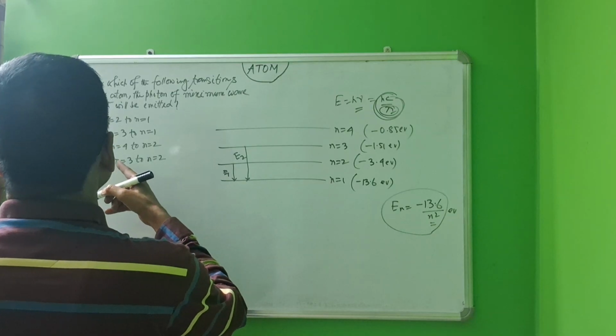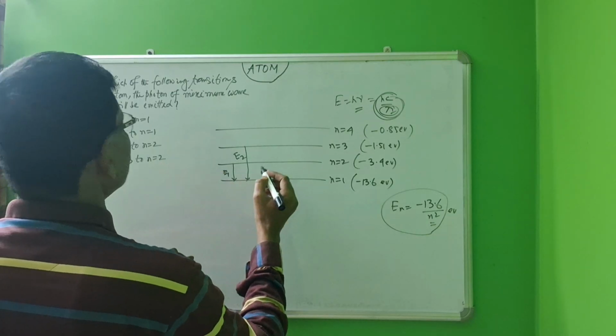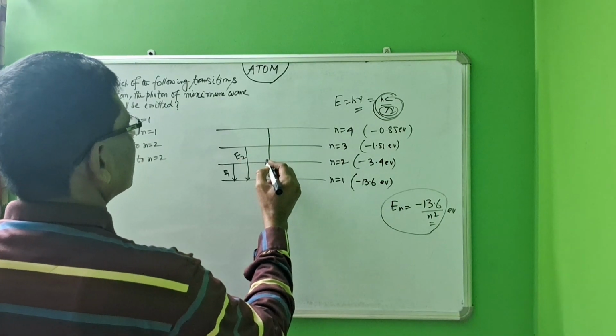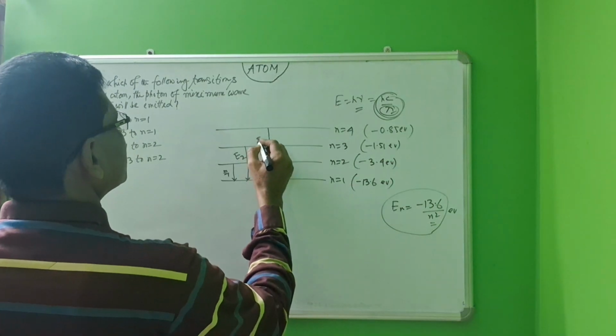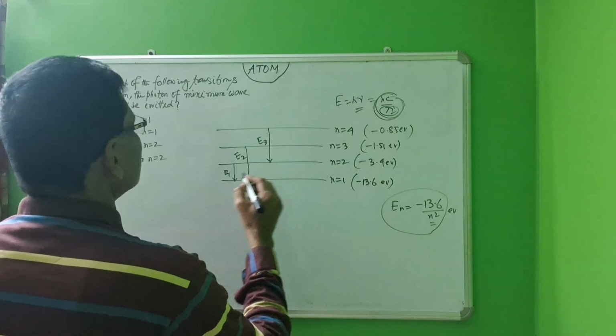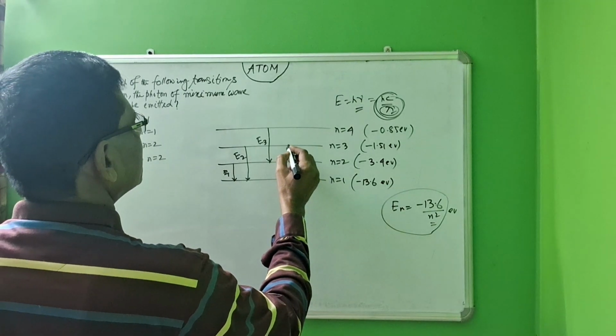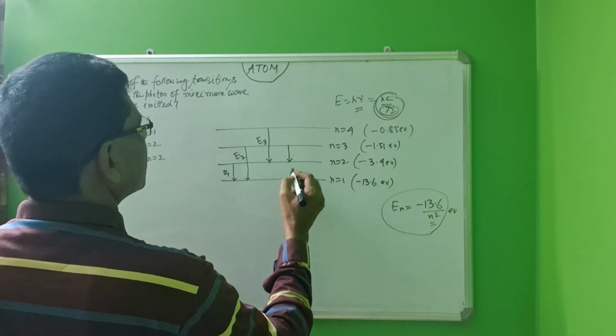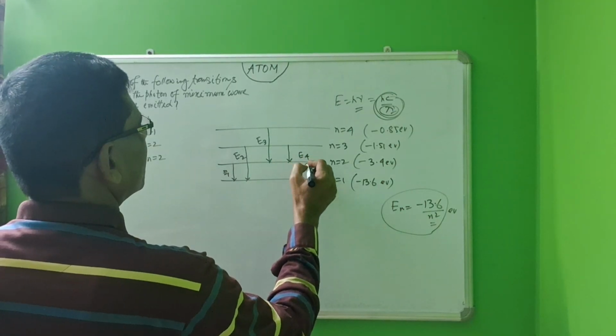For C ray, n equals 4 to n equals 2, this is E3. And for D ray, n equals 3 to n equals 2. This is for D, so this is E4.